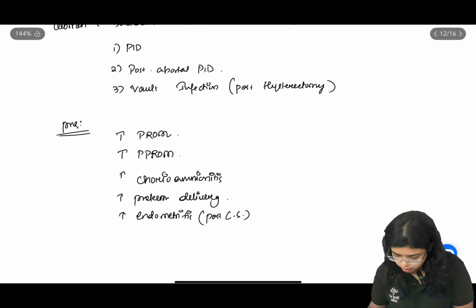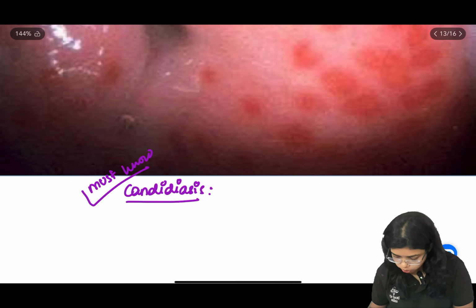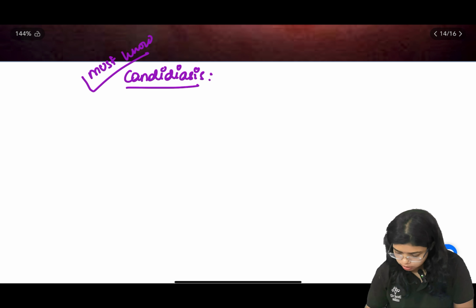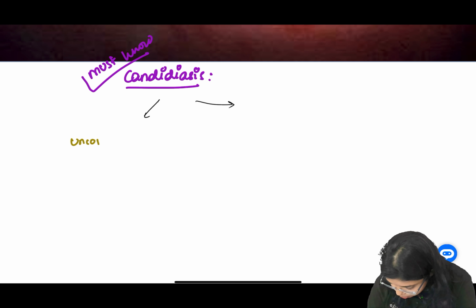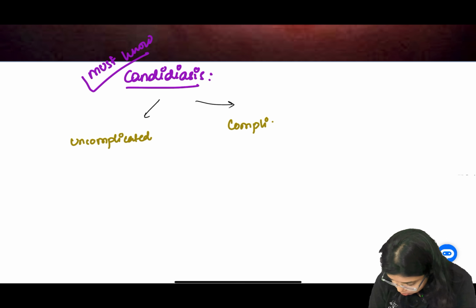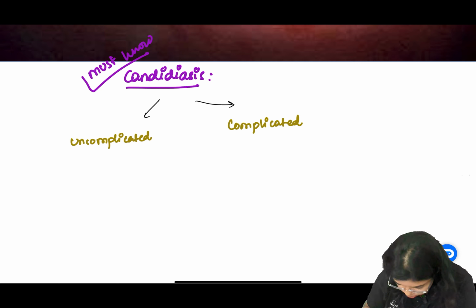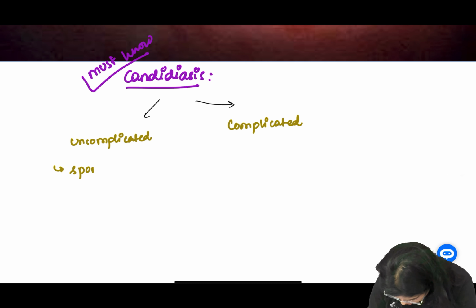Then, what are the things we must know about candidiasis? Candidiasis may be uncomplicated or complicated. Uncomplicated means it is sporadic, and of only mild to moderate severity.